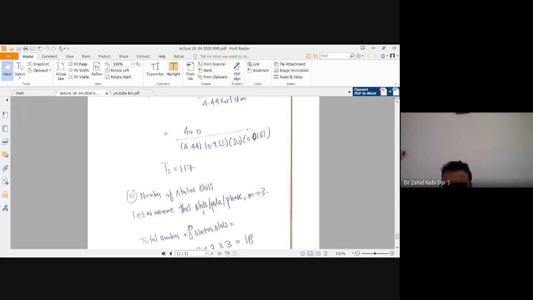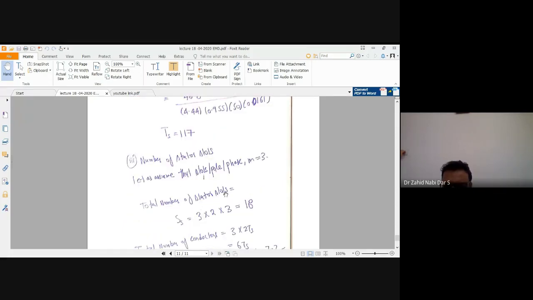That should not be less than or equal to 2, as I have mentioned earlier, and we cannot take this as a decimal value.